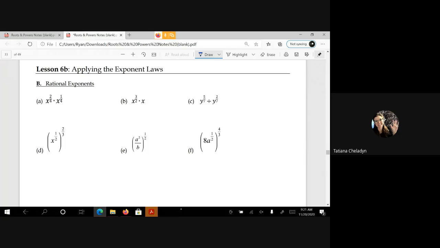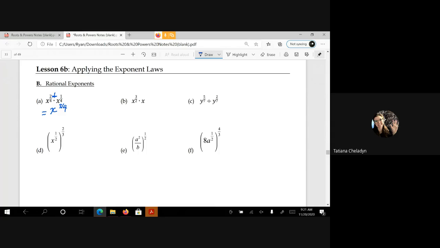So we remember that when we're multiplying, we add. So this will equal x to the 3/4. B, we have x to the 3/2 times x. So that looks a little tricky to begin, but I want to remind you that you can add in.